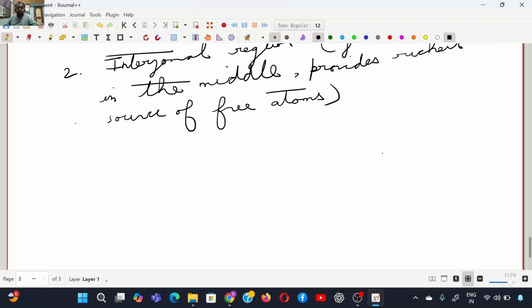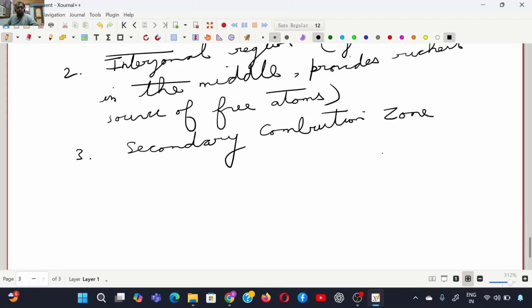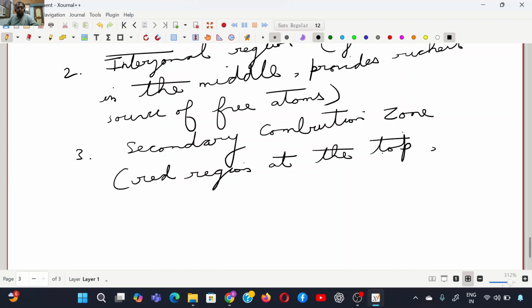So this makes it the most useful zone for measurements. Third part is secondary combustion. So this is the red region at the top. Okay, so the first one was at the base. This is at the top. The speciality of this region is that complete combustion takes place over here. Okay, so the interzone is the part which provides the richest source of free atoms. So that is most important for us.